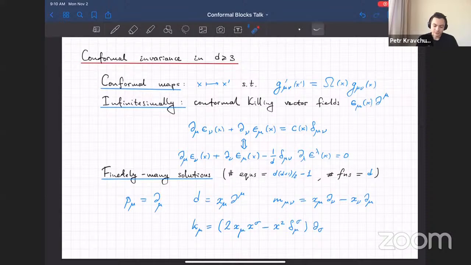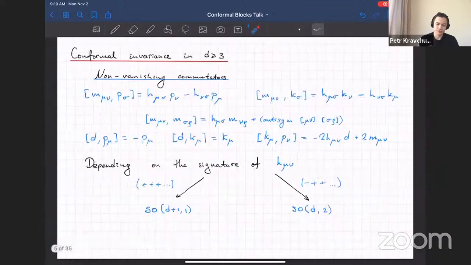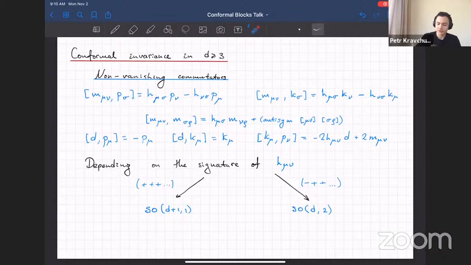Now, we get these vector fields, and we can ask what their algebra is, so we can compute the commutators, and we get some particular expressions. Here I generalize to a matrix H, which is still flat, but can have an arbitrary signature, not necessarily delta.